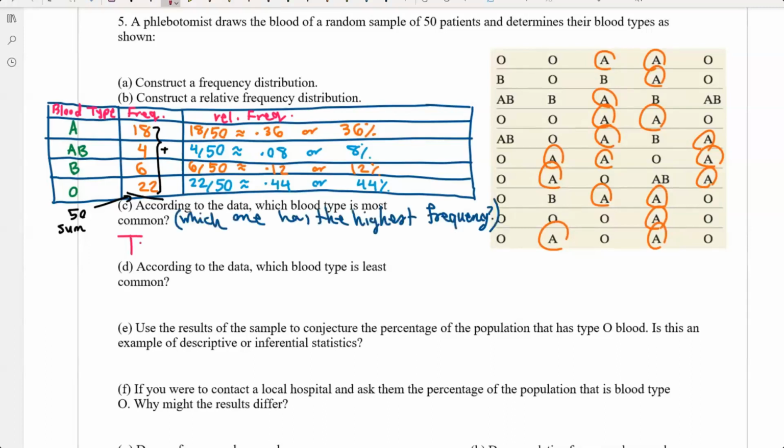So the answer is type O. Now part D, according to data, which blood type is least common? So in this part we have AB. The frequency for this one is 4.